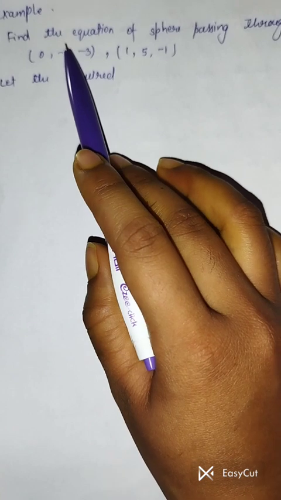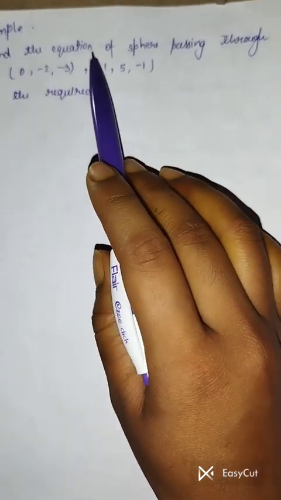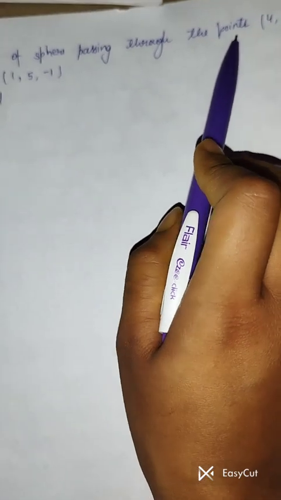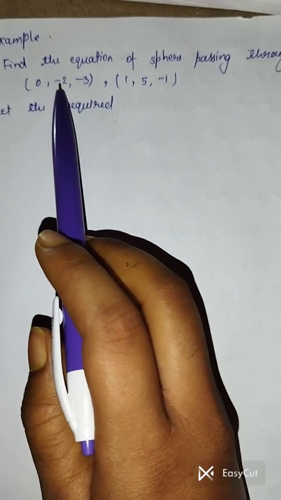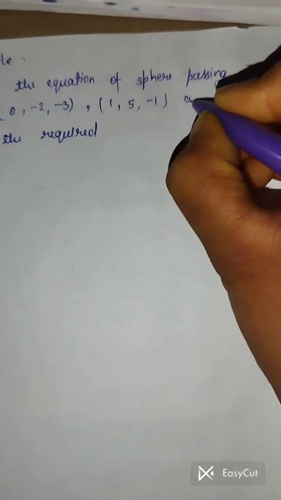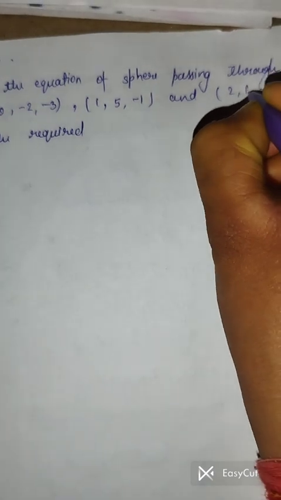So the question is that we have to find the equation of a sphere passing through the points. There are 4 points which are given. The first point has coordinates 4, -1, -2, and the second point is 0, -2, -3. Third point is 1, 5, -1, and the fourth point is 2, 0, 1.